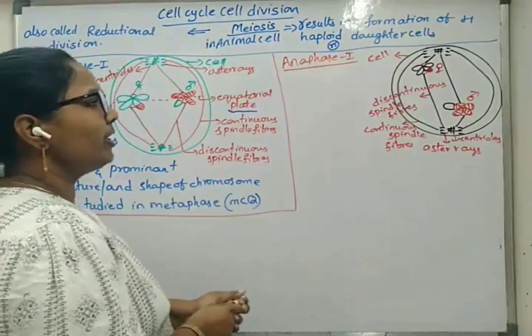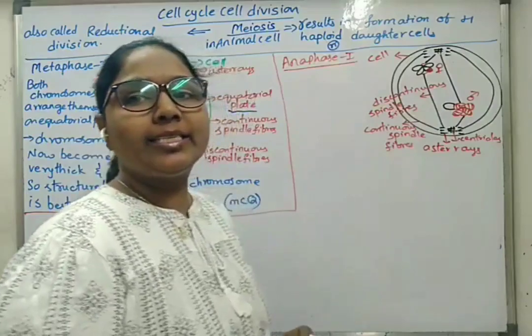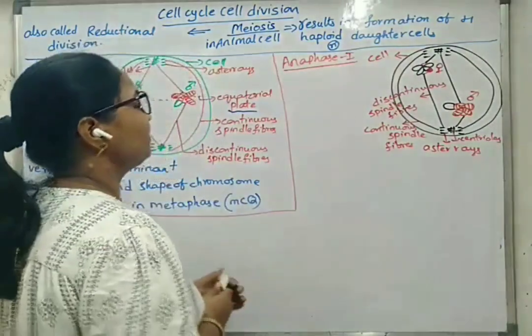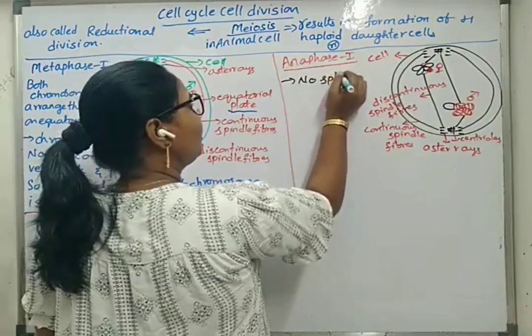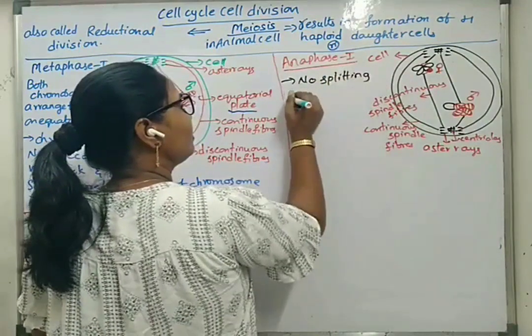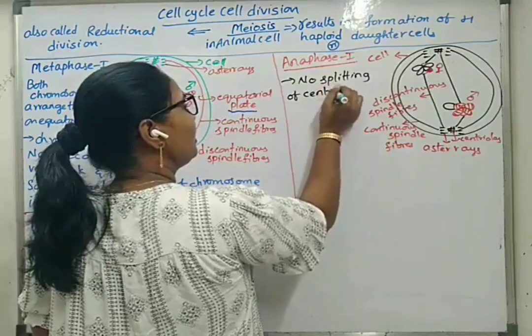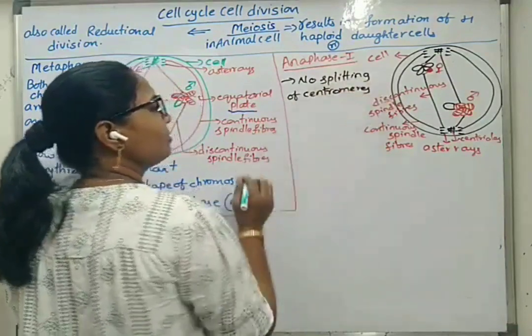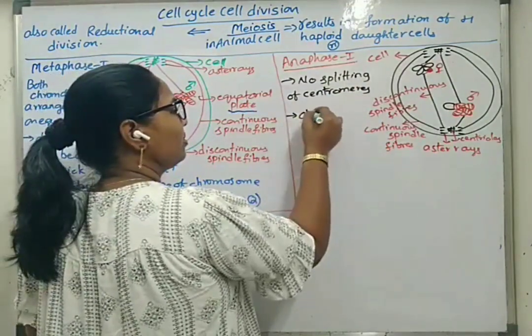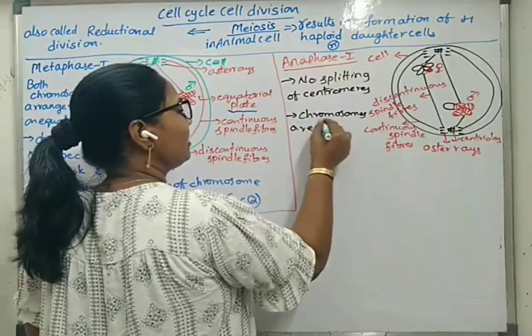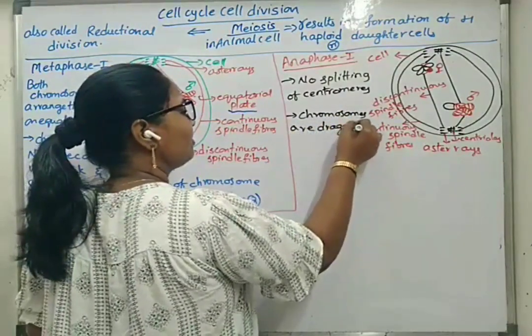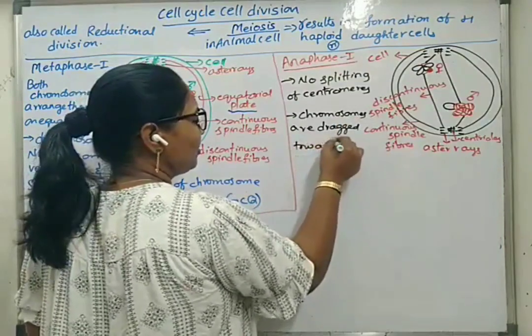So here, during Anaphase, the chromosome completely itself has moved to opposite end. No splitting of centromeres. Chromosomes are dragged towards opposite poles.